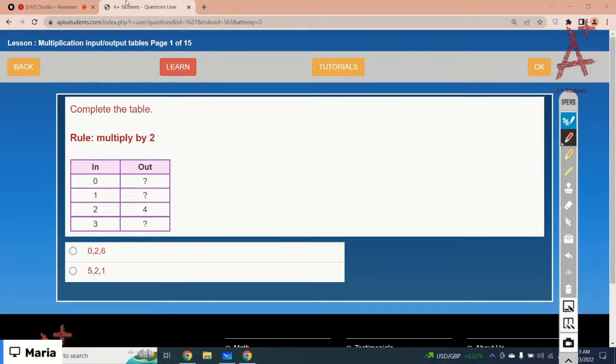Okay, just wait for a while. Okay, what's wrong with the page?